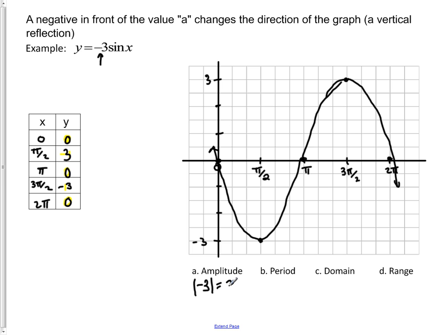Remember, an amplitude is a distance. An amplitude tells us the distance from the center axis to the highest or lowest point. So that's still positive. The period is still 2 pi. That hasn't changed. Our domain is all real numbers. But our range has changed from -3 to +3 instead of -1 to +1.